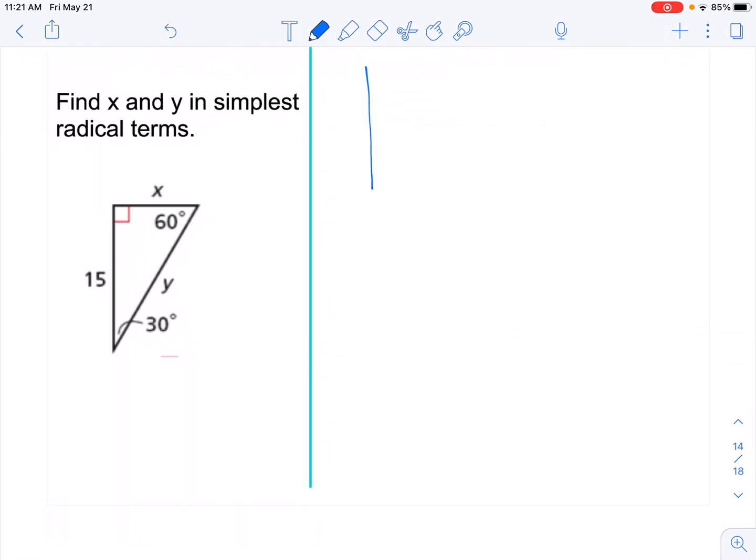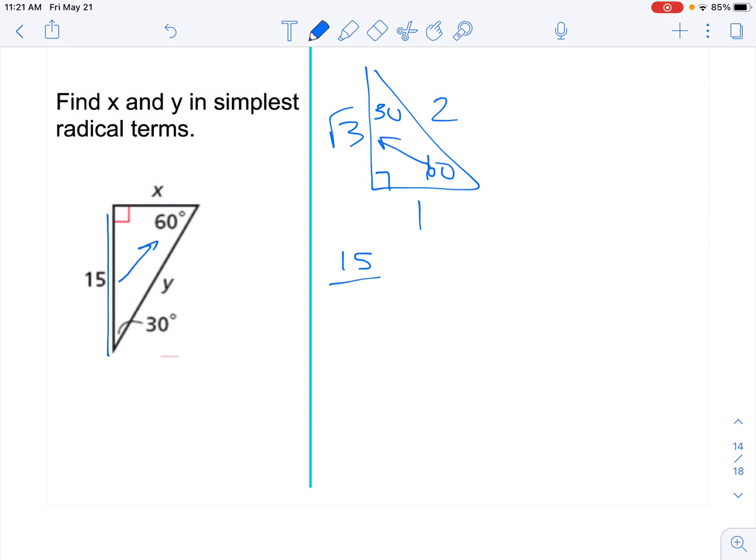I'm going to look at my triangle, 30, 60, 90. The 30 can be 1, 2, square root of 3. I can set up a proportion. 15 matches up. It's across from 60, so it's going to match up with the side across from 60. X is going to match up with the side across from 30.